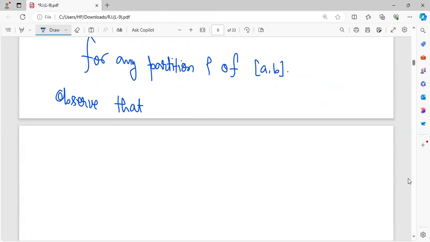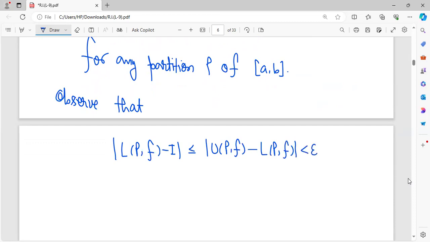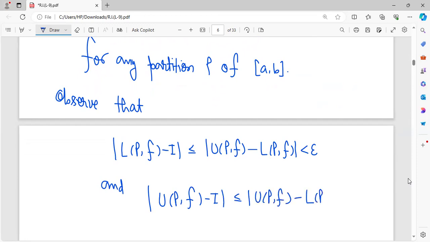So what does it mean? It means I minus L(P,f) is less than or equal to U(P,f) minus L(P,f), which is less than epsilon. And U(P,f) minus I is less than or equal to U(P,f) minus L(P,f), which is less than epsilon.